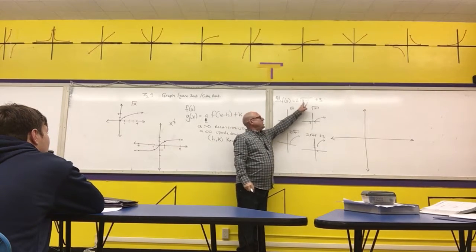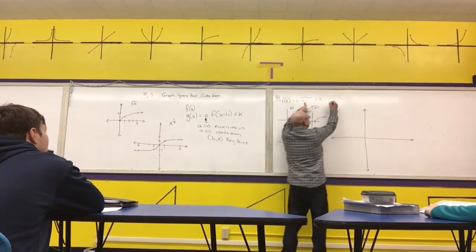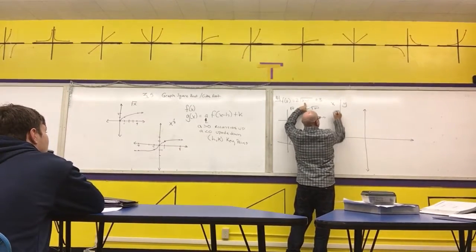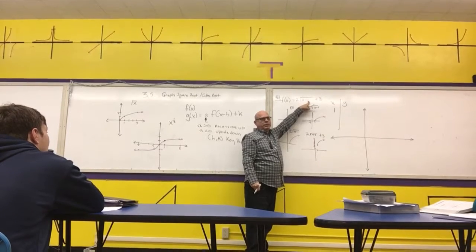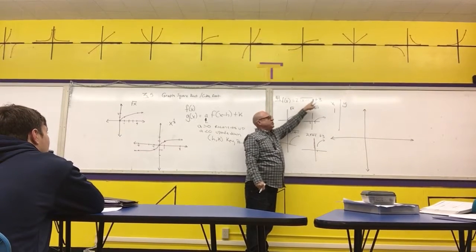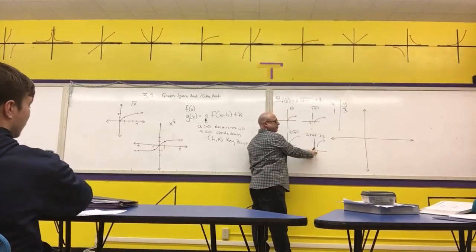What number do I have to put in here for x to get a 0? A 1. If I put a 1 in, what's 1 minus 1? 0. Square root of 0. 0 times 2? 0. Plus 3? 3. Does that agree with my sketch graph? Yes. Okay.